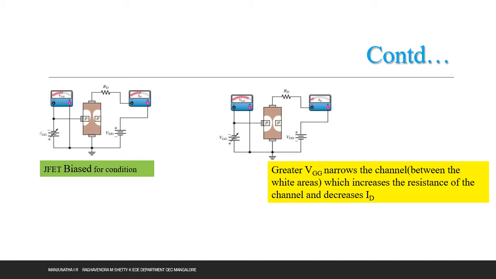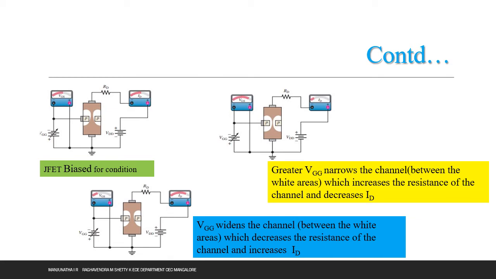When channel width is decreased, electrons trying to move from source to drain also decrease. When electron movement is reduced, drain current will also reduce. This is how we have to relate it.